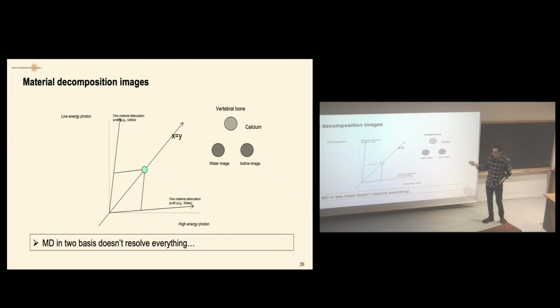When you look at the atomic number Z of calcium, which is around 22, and of iodine, which is around 55, you see that calcium will end up as an intermediate tissue, i.e. half of its composition or concentration will end up on the iodine map, and half will be on the water map.